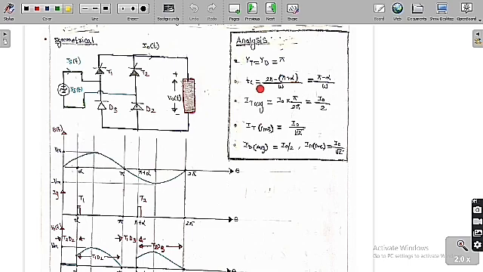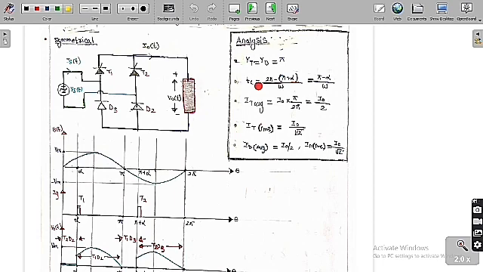Now, if you want to know the circuit turn-off time, meaning the time for which the reverse voltage occurs across the thyristor T1, I have already told you here that thyristor T1 is conducting from alpha to pi plus alpha. From 0 to alpha, the thyristor T1 is going to face a forward blocking voltage.